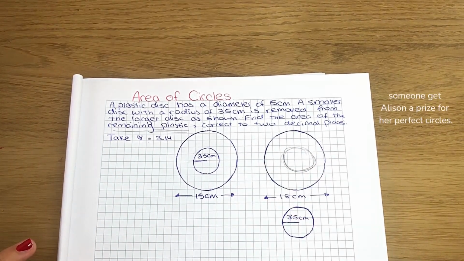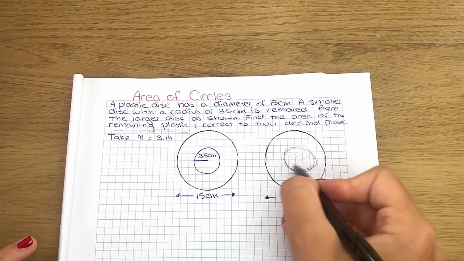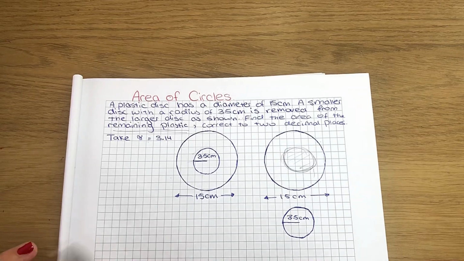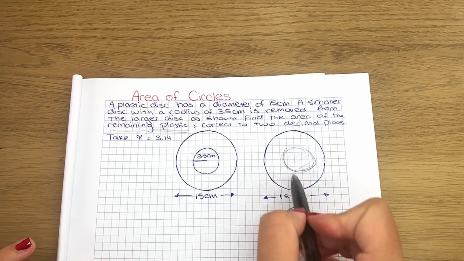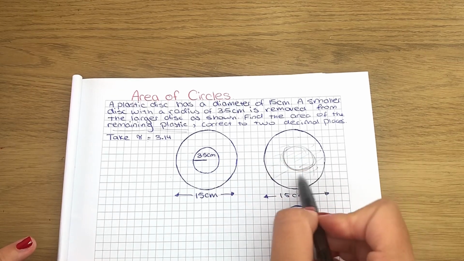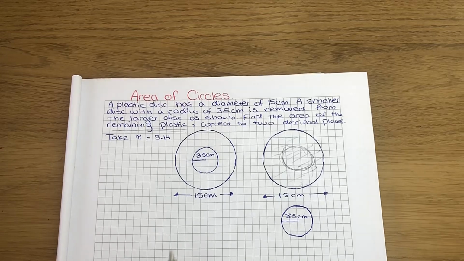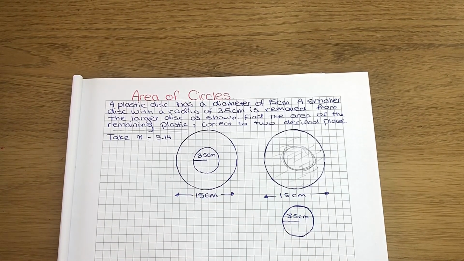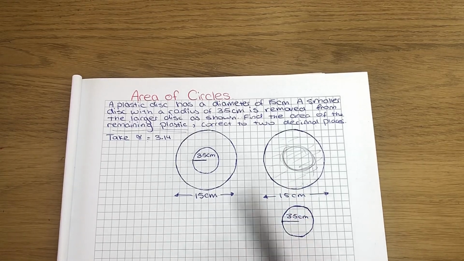The disc was right here, right? They're not asking for the area of what was left here. Instead, they're asking for the area of the remaining plastic of the larger disc. So firstly, we have to find the area of the larger disc and the area of the smaller disc and take them away in order to find the remaining plastic.